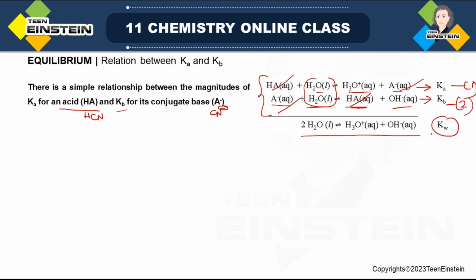Kw you can also write in terms of one H2O or two; both are fine. Here we have taken 2 H2O because of how the equations add up. Now I will write the expression for Ka.